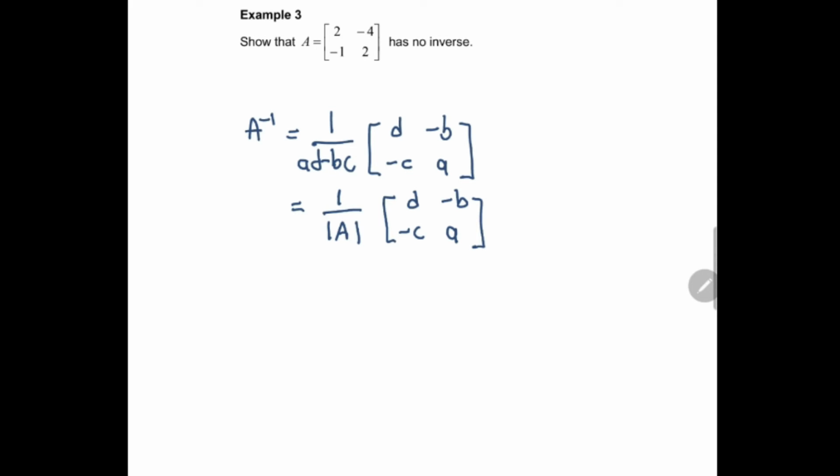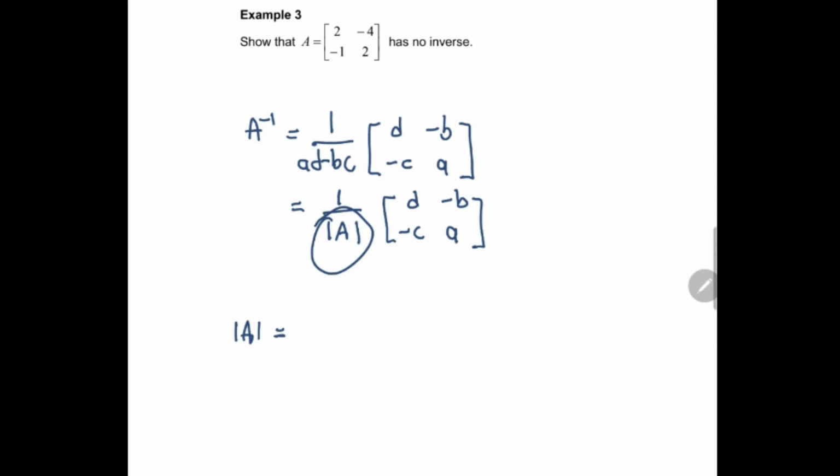ad minus bc is actually the determinant of matrix A. So, how do you know a matrix has no inverse? It is when the value here is equal to 0, because 1 over 0 does not exist. So for this question, how do you show matrix A has no inverse?